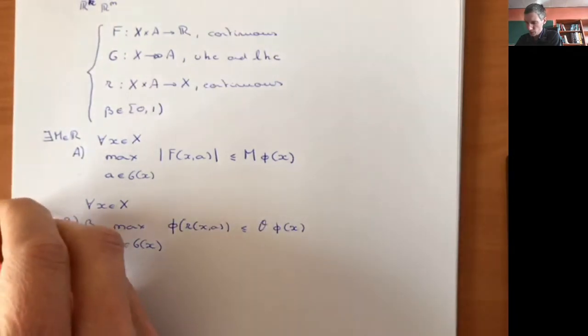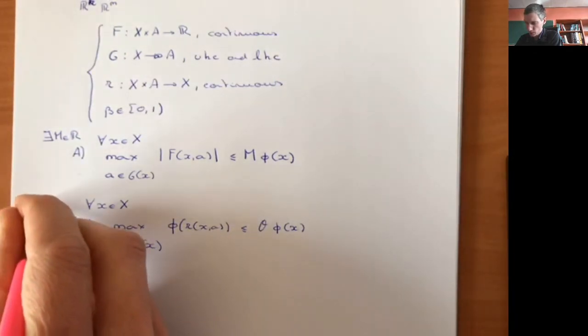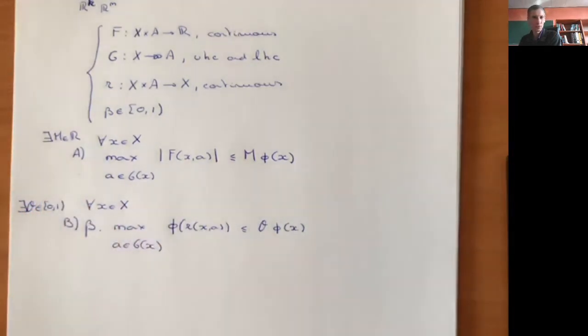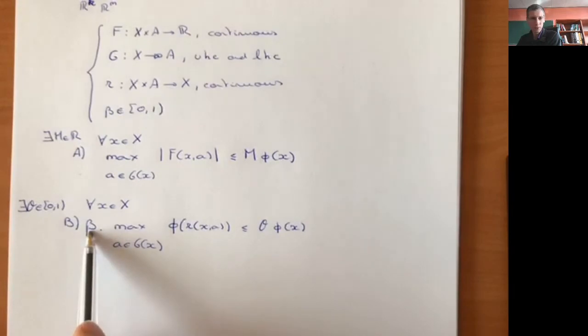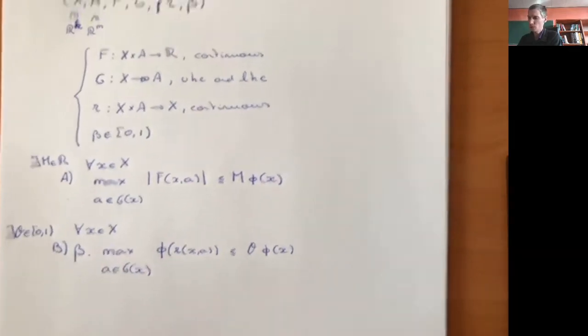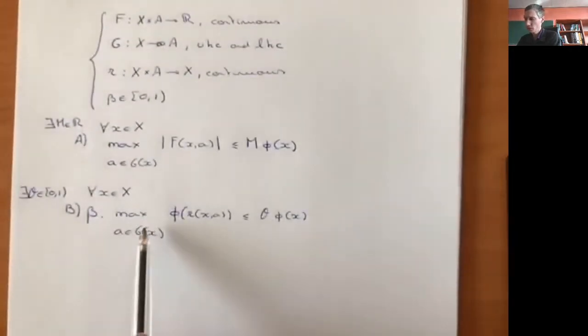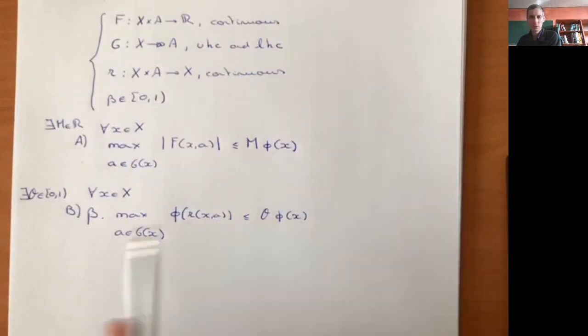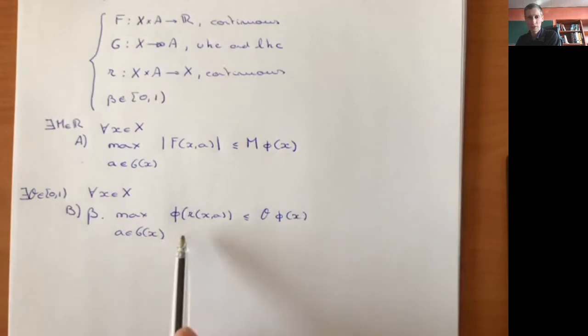Okay, so in particular there should exist a theta greater or equal to 0, strictly less than 1, that satisfies this condition. Okay, so here beta is strictly less than 1. Beta is known, this is just simply this beta. So here we're looking at phi of r(x, a), so r(x, a) should be the state tomorrow when action a is taken.